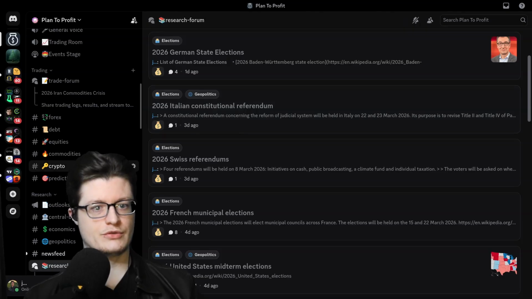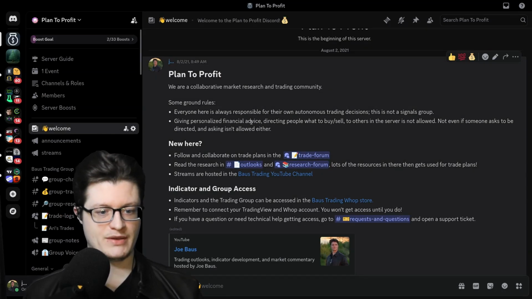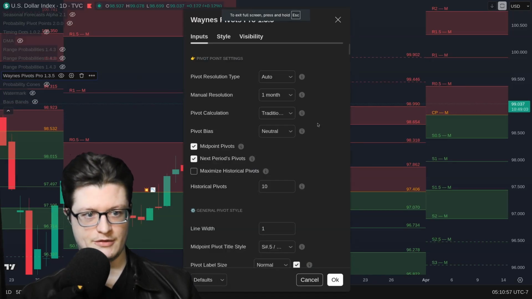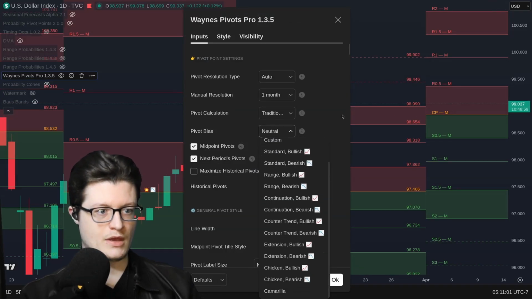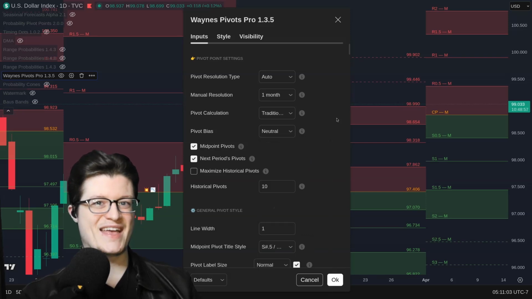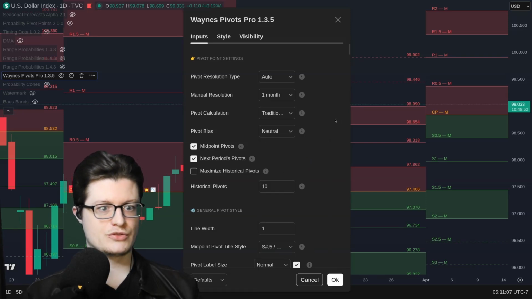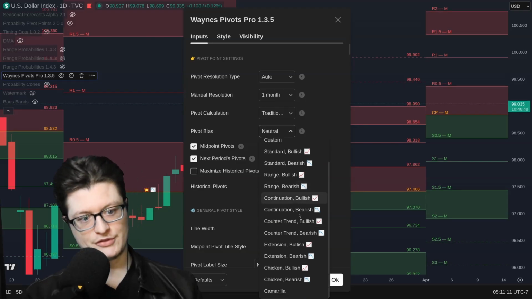What I really like to explain, and how I'm going to tie this back to the pivots: when you go into this indicator and look at this pivot bias setting, you have to have an expectation of what's going to happen next to discretionarily set it and pick the correct one.